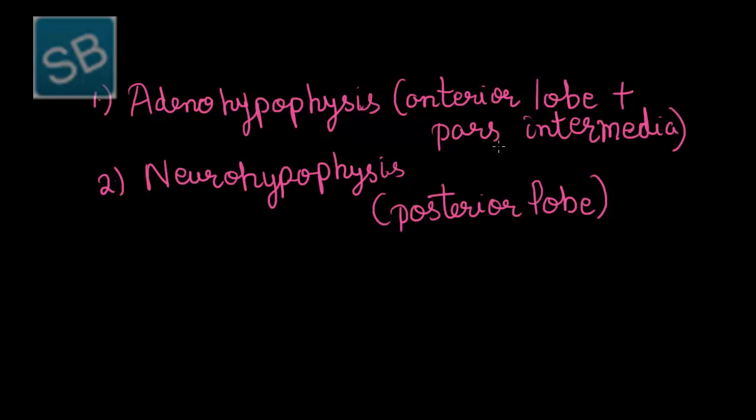So let us first of all begin with the anterior lobe. The anterior pituitary gland secretes basically 6 types of hormones.